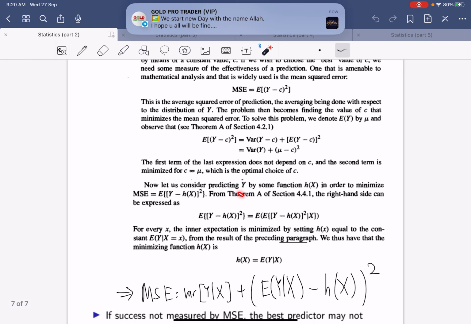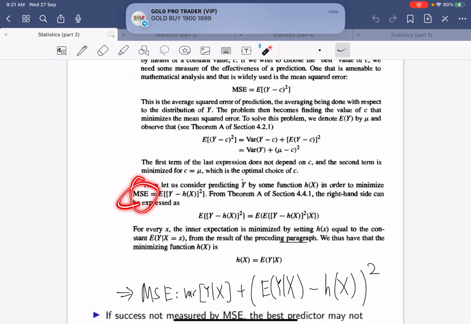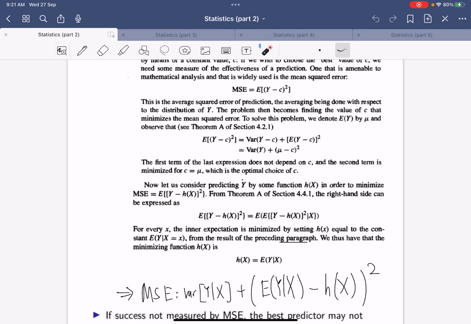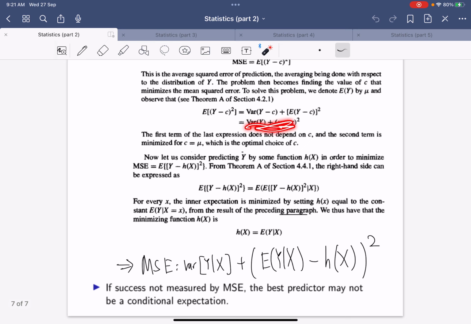Now let us consider predicting Y by some function h(X). Instead of using a constant, now we use some function h(X), and we want to minimize our mean squared error with this h(X). As such, we again expand it out, and we see that it resembles the following form in the end.